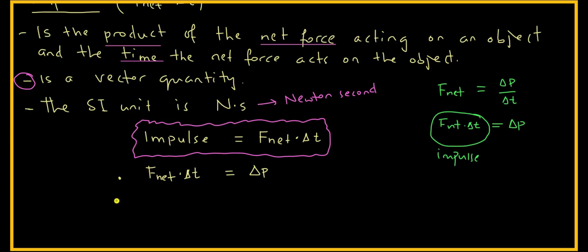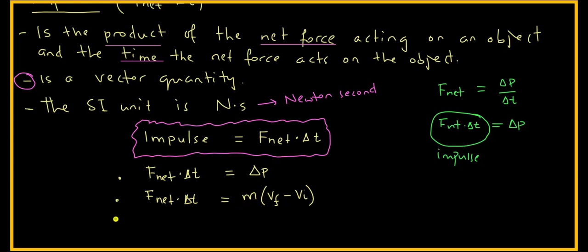We can say F net times delta t equals the mass multiplied by the final velocity minus the initial velocity of an object. This is how we calculate our delta P.